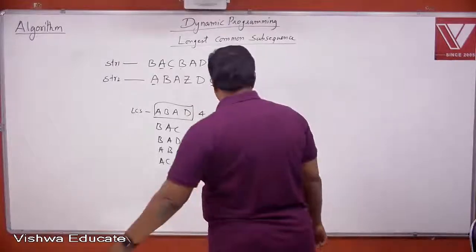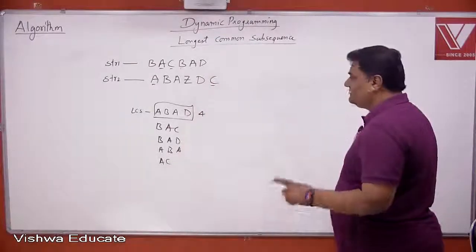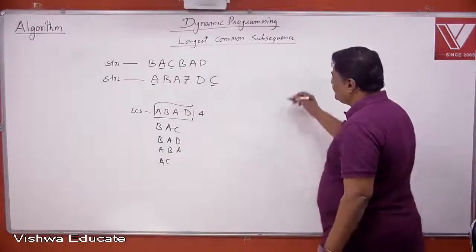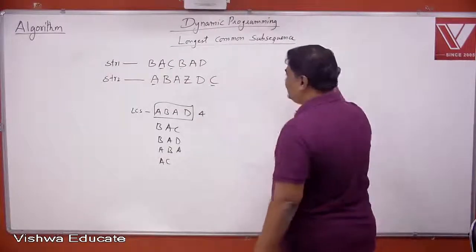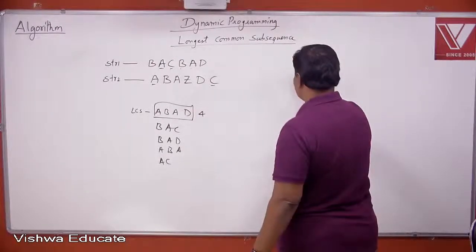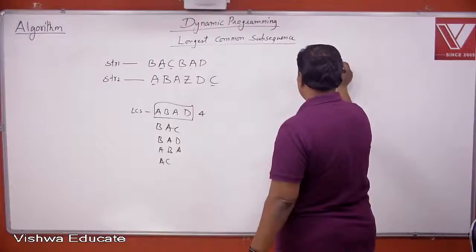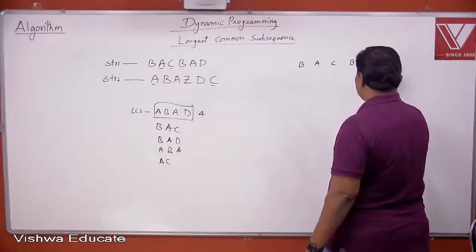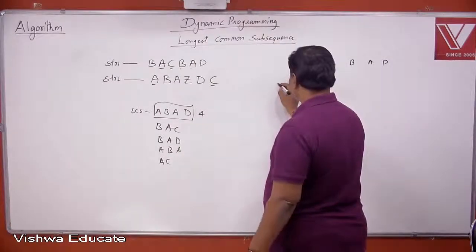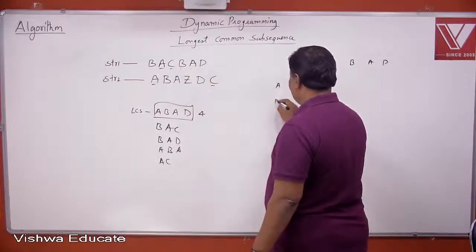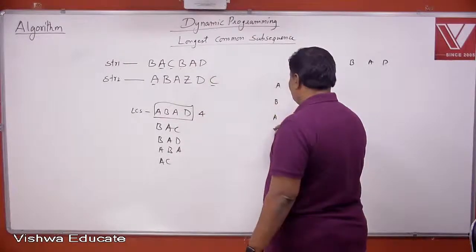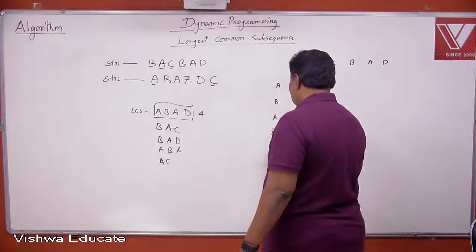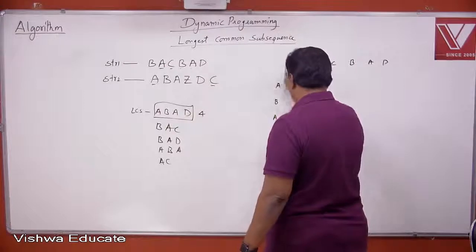So what is the procedure for that? I'll show you how it can be done manually first of all. We will take these two strings. I'll take the strings B, A, C, B, A, D, then A, B, A, Z, D, C, and create a table.